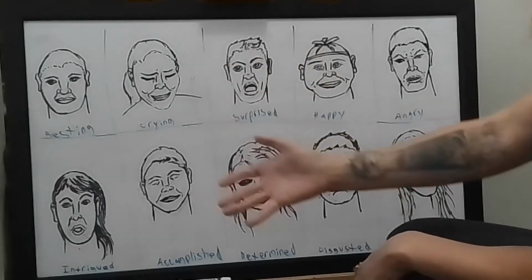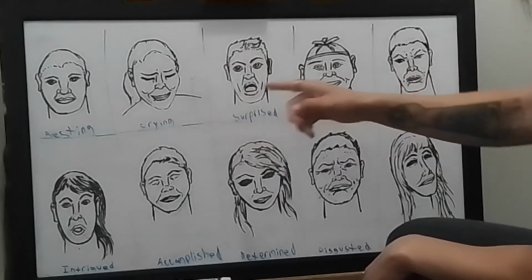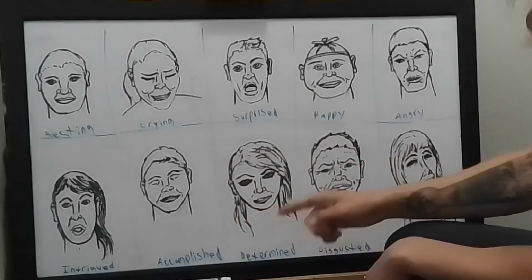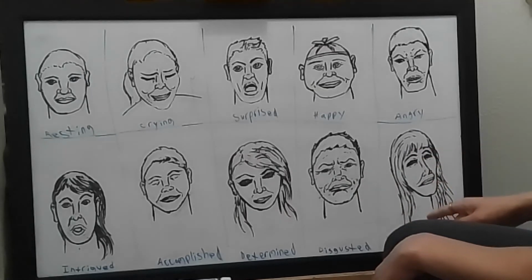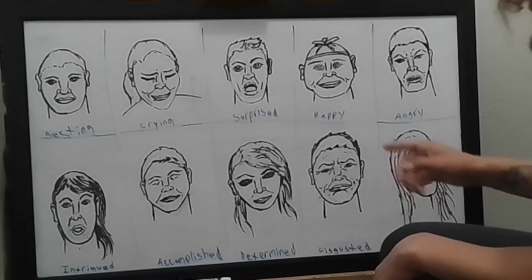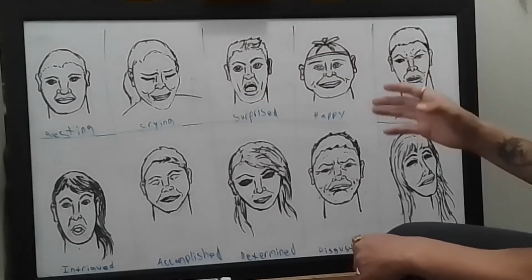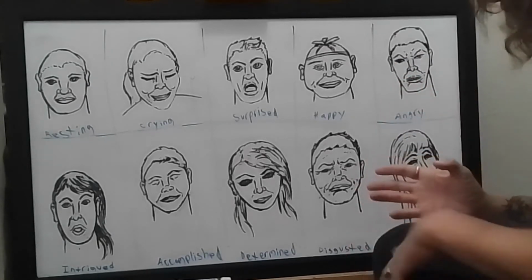So we've got 10 different expressions here. We've got resting, crying, surprised, happy, angry, intrigued, accomplished, determined, disgusted, and aloof. And I want to break down not just what's happening with the faces, the expressions, but a little bit of the psychology of what's going on as well.